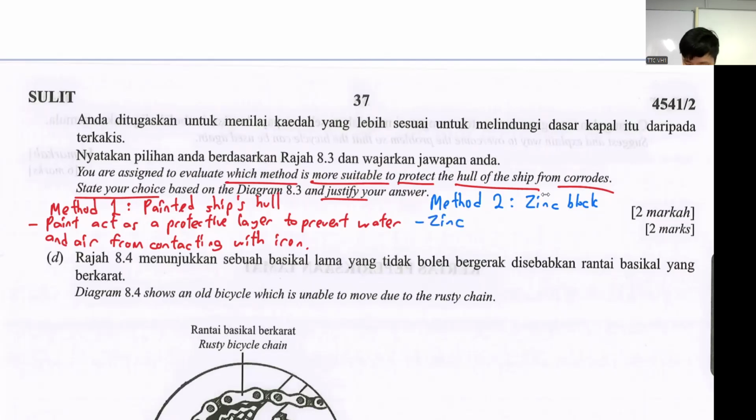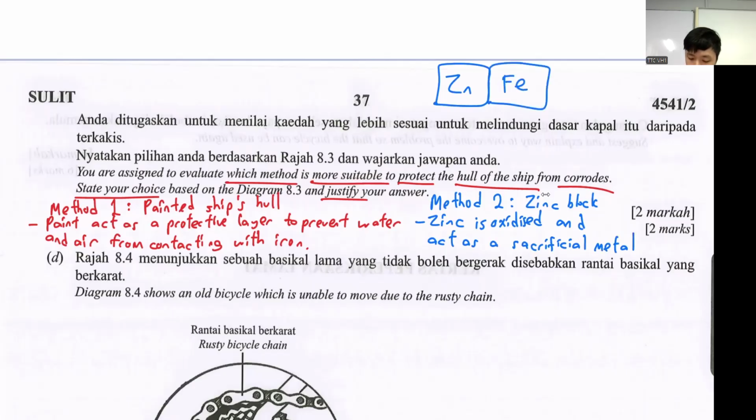Zinc is oxidized and acts as a sacrificial metal. It means when zinc connects with iron, zinc is the one that gets rusted, becomes Zn2 plus first, instead of Fe becoming Fe plus. Zn will become Zn2 plus first if they connect with each other. You can choose either one.